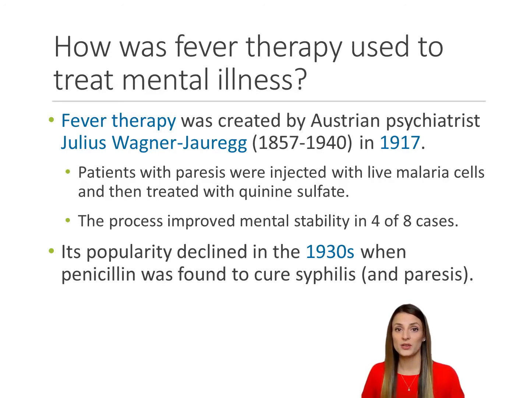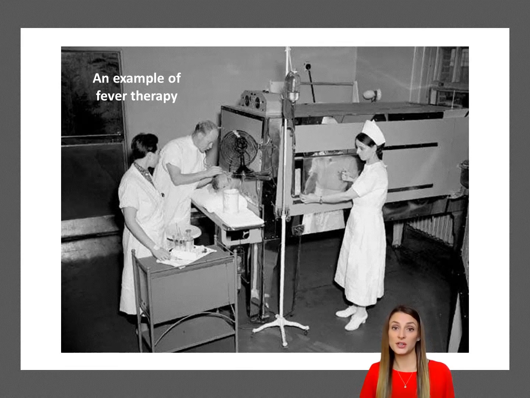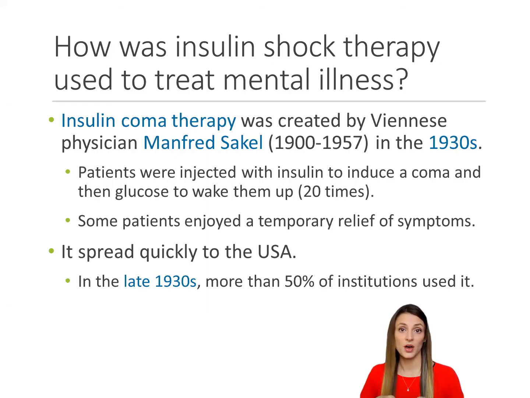Fever therapy was popular in the 1920s and early 1930s until penicillin was discovered as a cure for both neurosyphilis and psoriasis. Here is an example of how fever therapy was used to treat patients with mental illness. Also in the 1930s, a Viennese physician, Manfred Sockel, created insulin shock therapy.